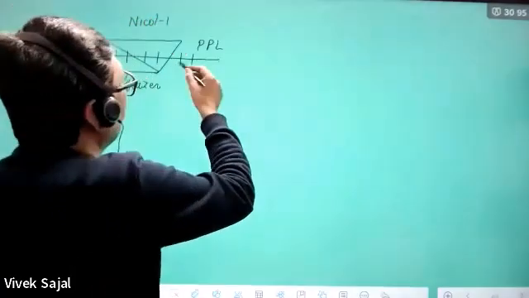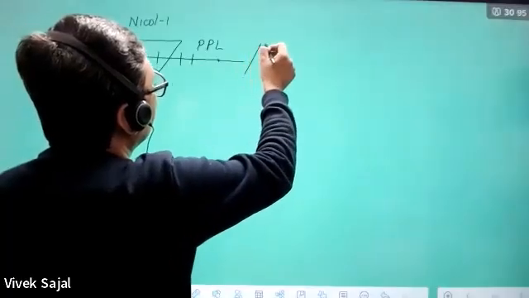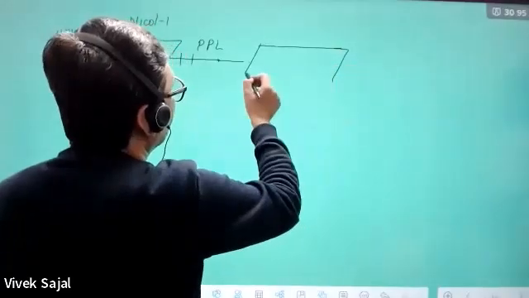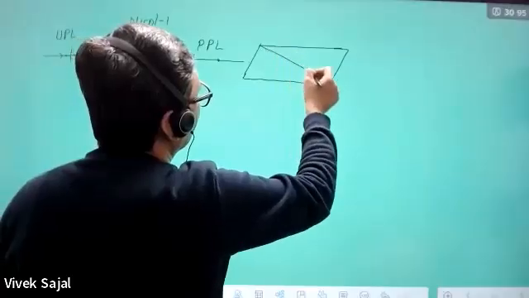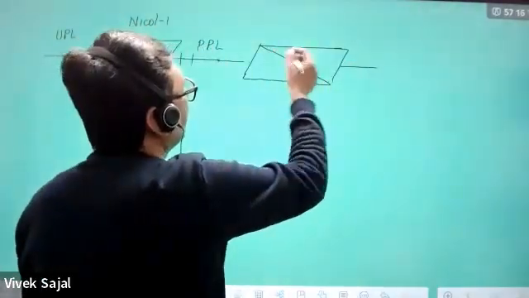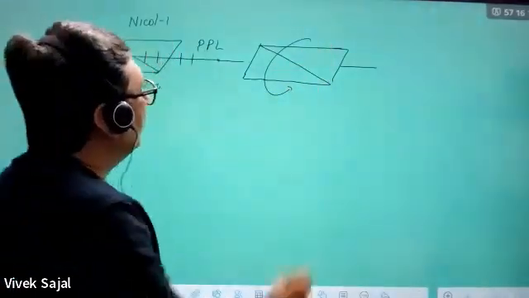Now there is a second Nicol here, and we can rotate this Nicol. It is on a stand, and we can rotate it about this axis.